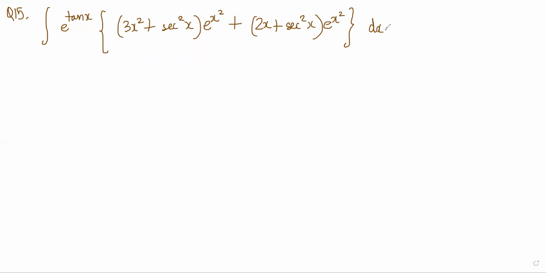Now we should probably separate it out into two separate integrals, because notice that one of these factors is 3x^2 e^(x^2), and there is a 2x e^(x^2), and the other one has just secant square and stuff, right?